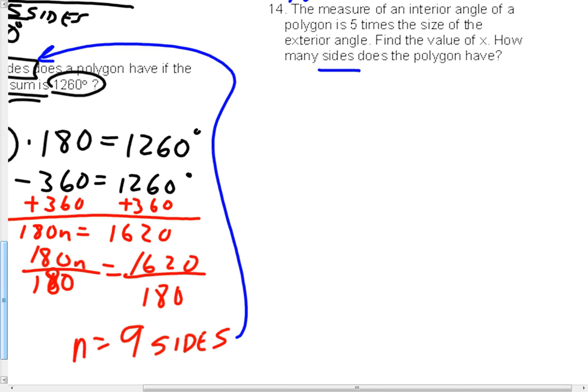Right next to A, write down the word regular. Because otherwise, we're just looking at one interior angle and one exterior angle, and that's not really going to tell me anything if it's not regular. So I need the word regular in there.